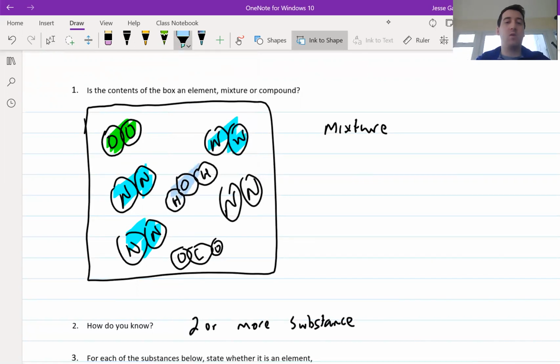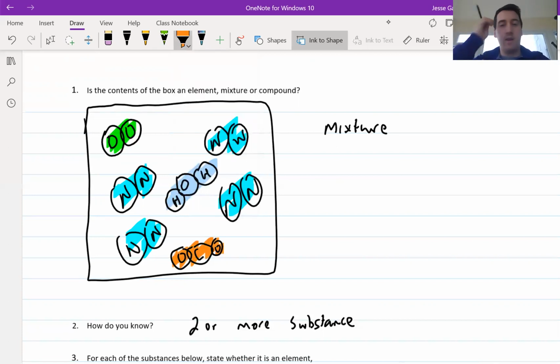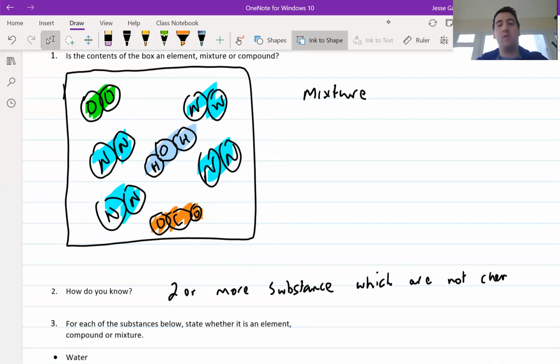Another substance, the water. Here is another nitrogen to color in. And here is a final substance, carbon dioxide. Now, there's two or more substances, which are not chemically combined. That's how I know it's a mixture.